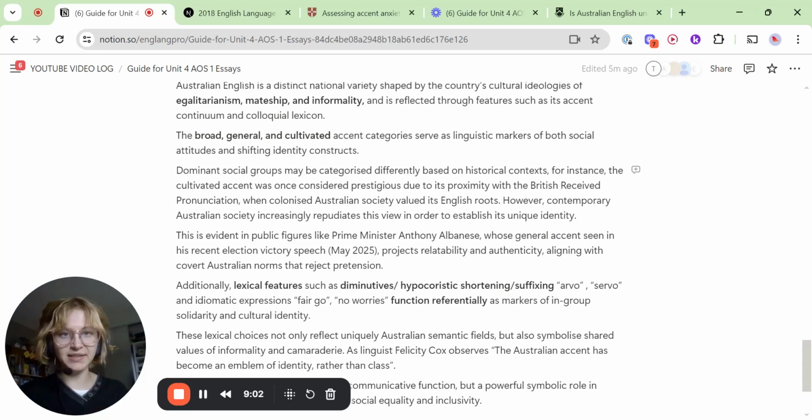So that's our definition that, hey, I'm going to talk about dominant social groups in terms of contemporary Australian society, but I've given you a bit of knowledge that, hey, I do understand that dominant did mean something else at one point. Like, that's the whole point of the broad accent. It was a response to the cultivated accent. Instead of cultural cringe, we now have cultural, what is the opposite of cringe?